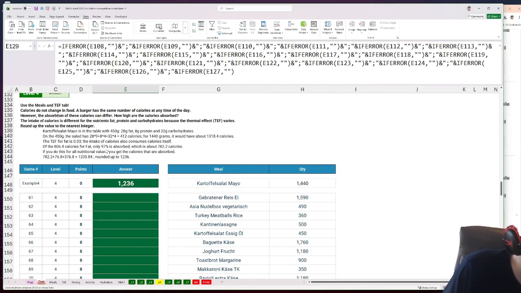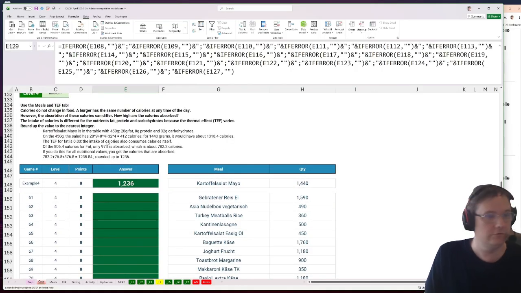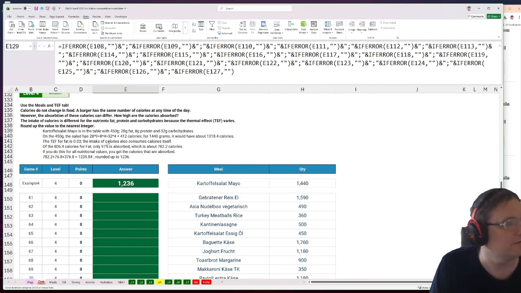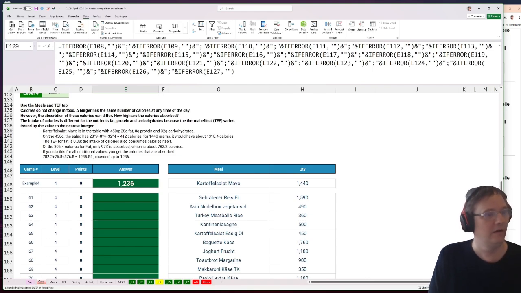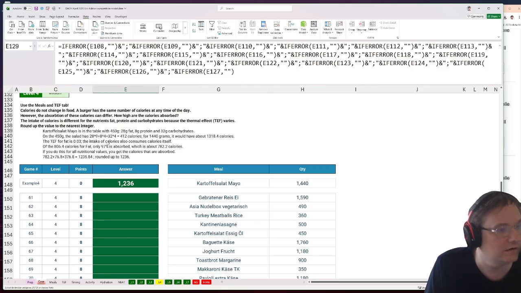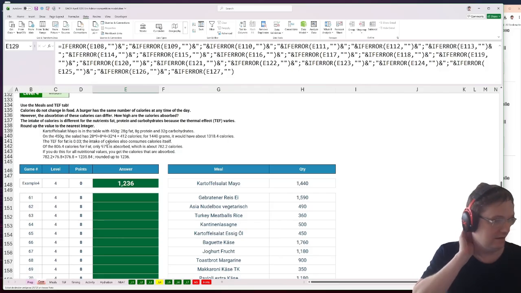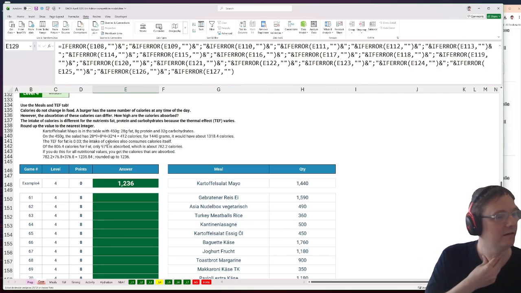Level 4. Calories do not change in food. A burger has the same number of calories any time of the day. The absorption differs. How high are the calories absorbed? Intake calories, as the thermal effect varies, round up.